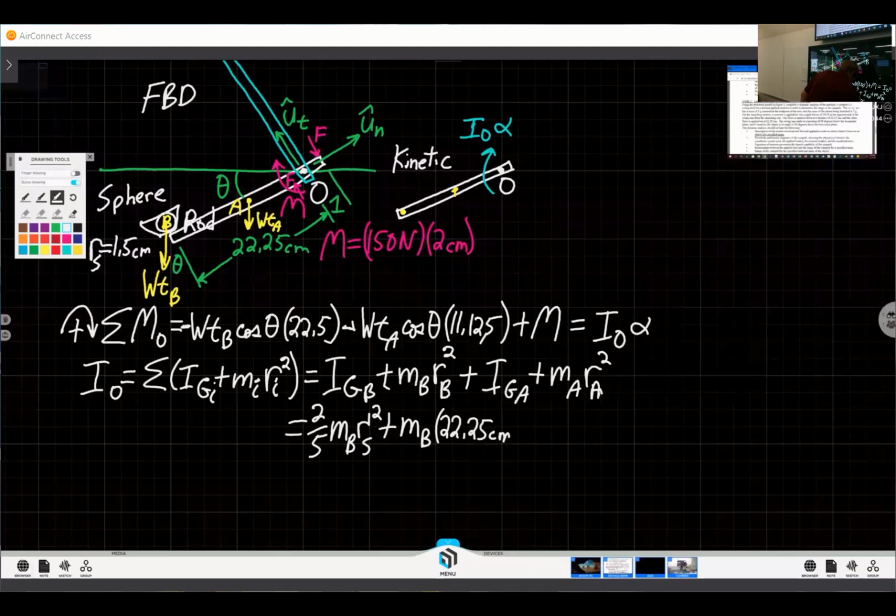You might want to make sure you're using consistent units when you're figuring these out. Then we have our arm. Arm we're going to model as a slender rod. Whether you model it as a thin plate or a slender rod, you basically get the same relationship for IG. You get your 1/12 mass of that arm, and its overall length is 23.25.